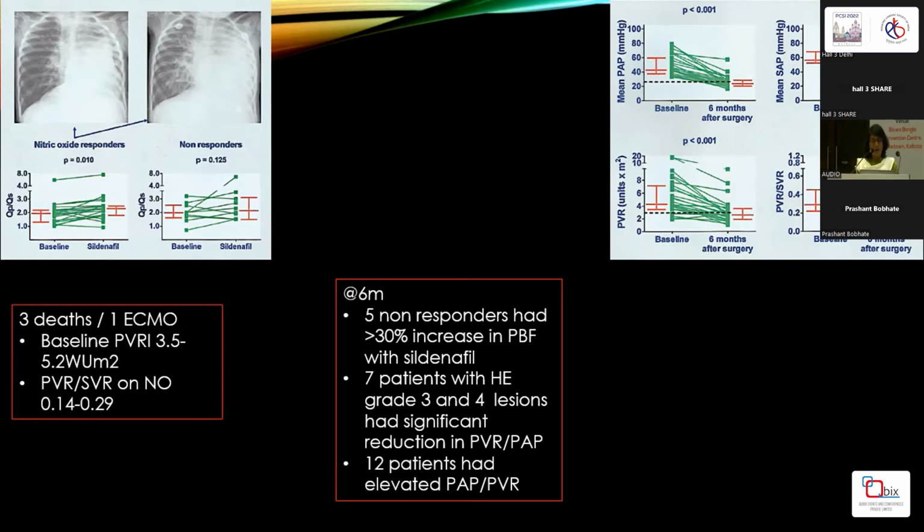They found that at 6 months, 5 of the so-called non-responders had more than 30% increase in pulmonary blood flow with the sildenafil, and 7 of the patients who had high-grade lesions had a significant reduction in PVR and PA pressures. 12 patients continue to have elevated PVR and PA pressures, but this had dropped from the baseline.